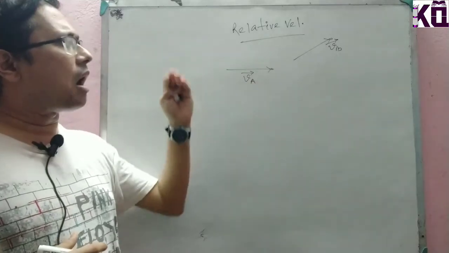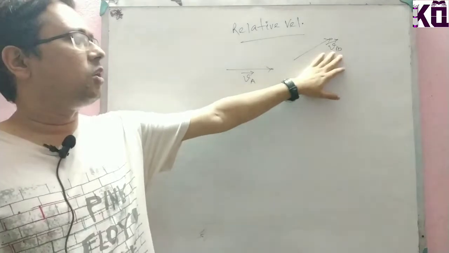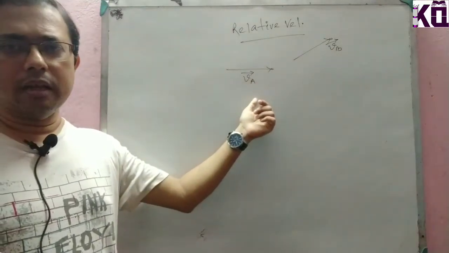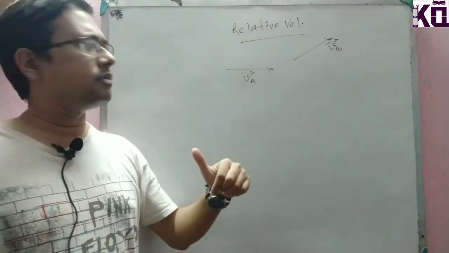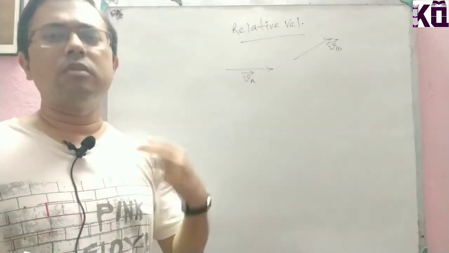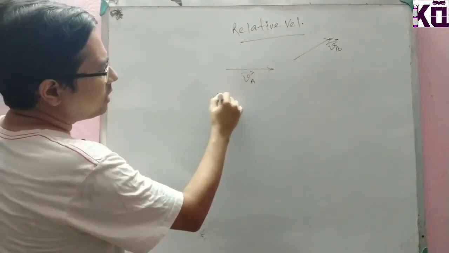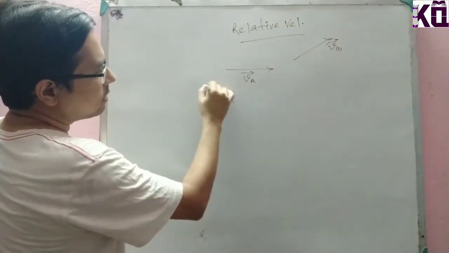Now if I want to identify the relative velocity of B with respect to A, what do we have to write? That means you have to write VBA.